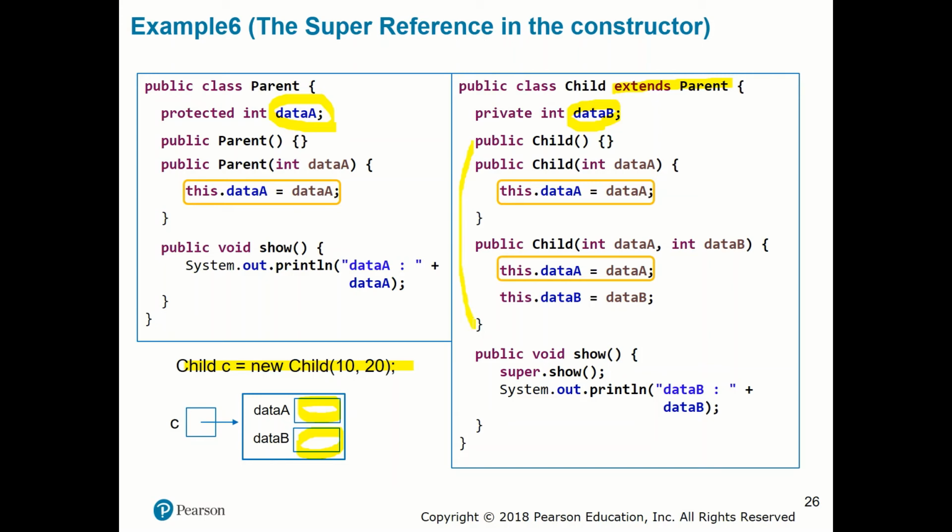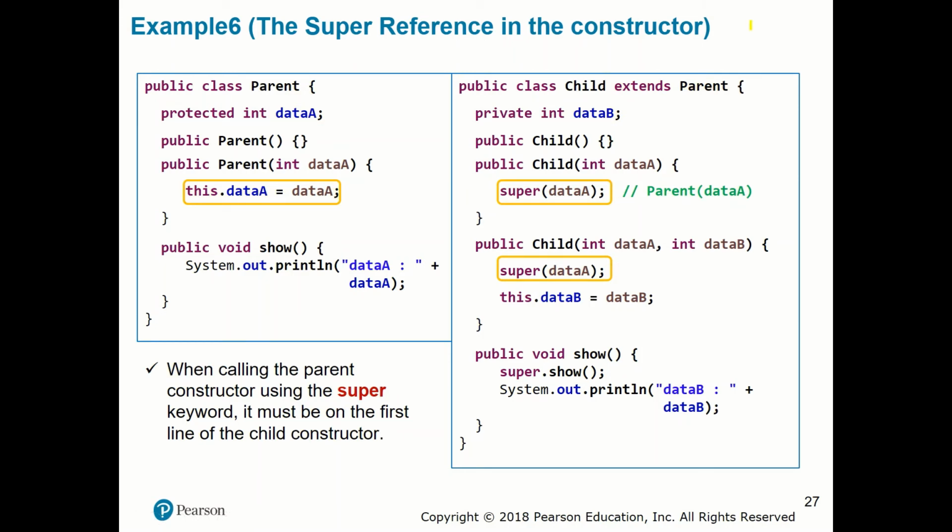We can initialize the parent member like this. And you see that this code is exactly the same as this code, right? So this part is the same as the parent constructor part. It is not desirable to repeat the same code like this. So we can use the super keyword to improve this code.